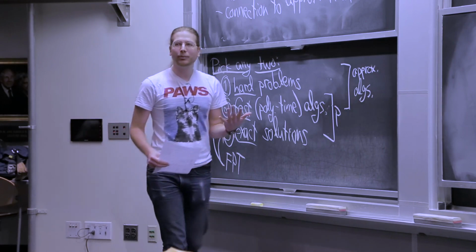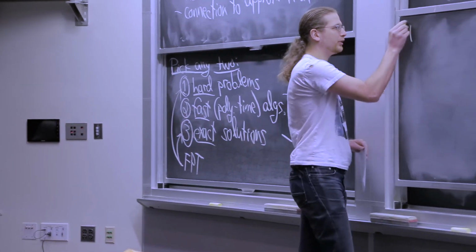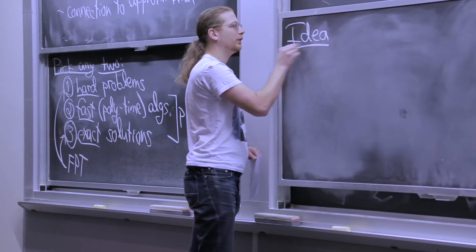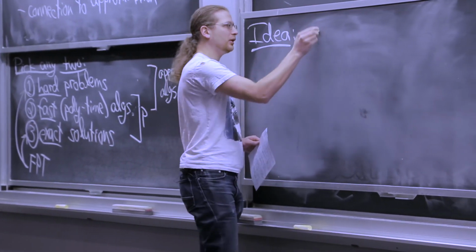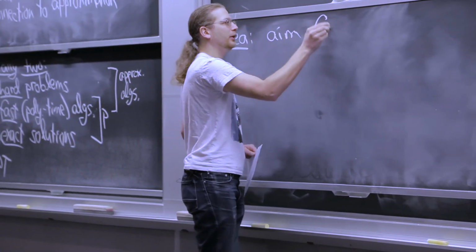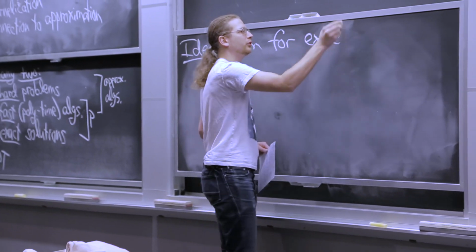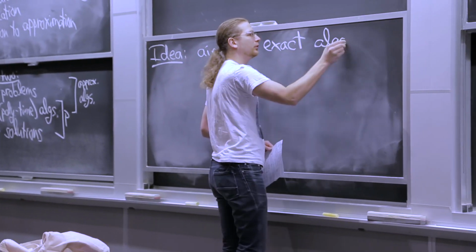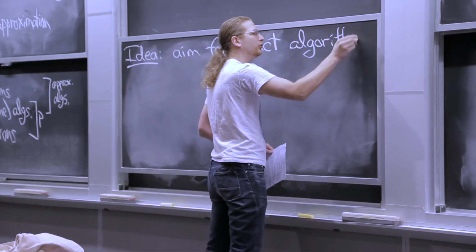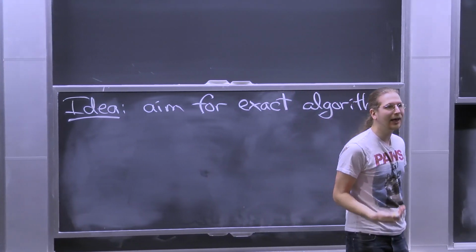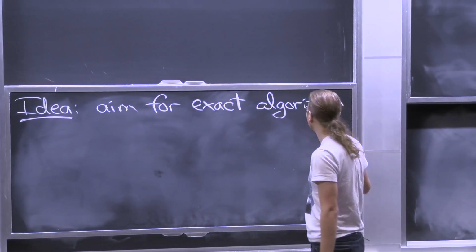So what's this parameter business? In general, the idea is that we really want an exact solution to an NP-hard problem, which means it has to take exponential time in the worst case.